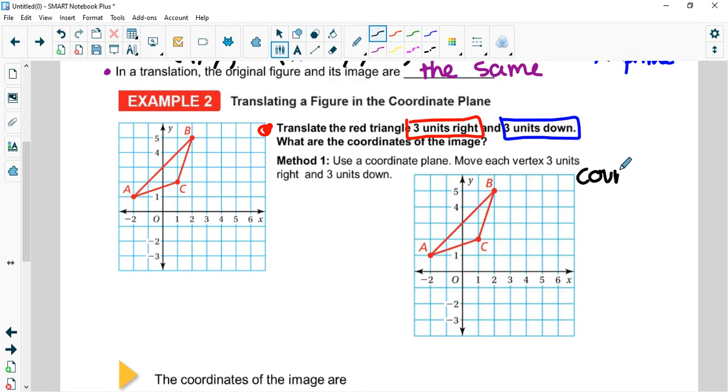We're going to count out the translation. And be careful, you must do this for all of the points. Every point moves the same distance in the same direction.